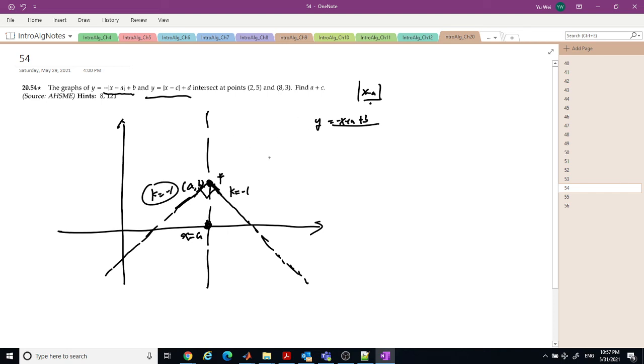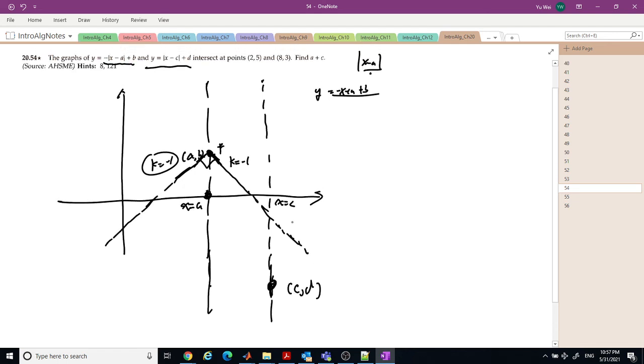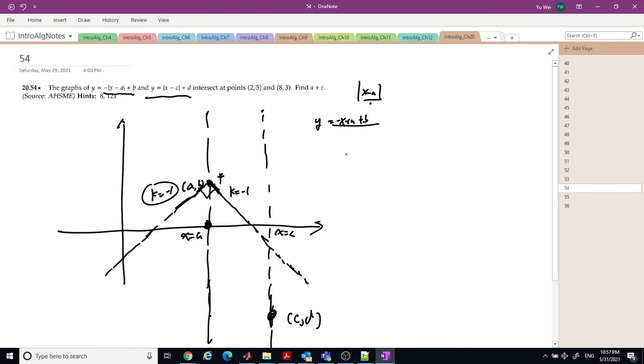The second thing is also very similar. So let's draw c and d. This is x equals c, and when x equals c it is d, so it is c and d. But its opposite is when x is greater than or equal to c, then y is x minus c plus d.